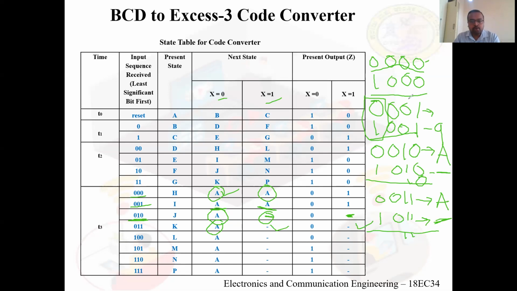Because it is only from 0 to 9. We are converting BCD to XS3, so 10 to 15 are not included. Similarly, do it for the rest. Here after M, N, O, instead of O, we have taken the state as P. Accordingly, you write it.